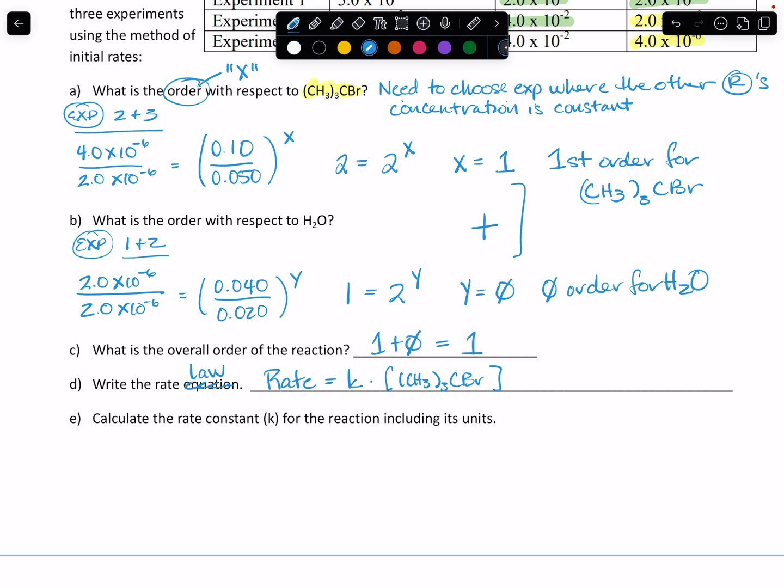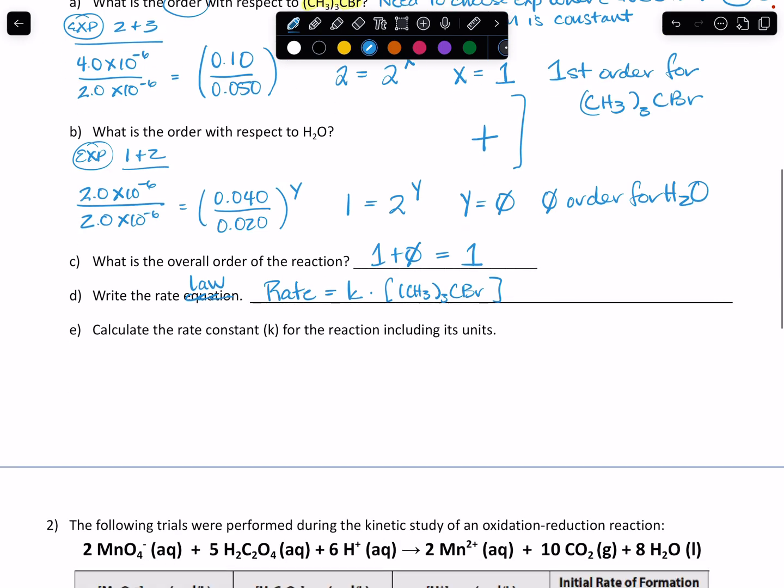All right. Now, the last step to most of these problems is then to calculate K for this reaction. So to do that, you choose any of the 3 experiments you want. All right, I'm going to go with experiment 1. And then you plug in the rate and the concentration for that experiment and solve for K. All right, so 2.0 times 10 to the negative 6 molar per second equals our K value times 0.05 molar raised to the first power.